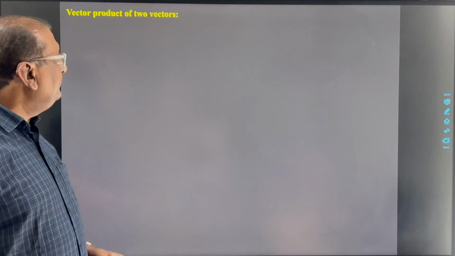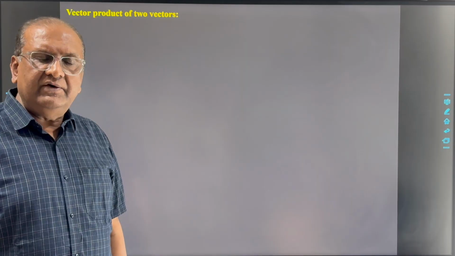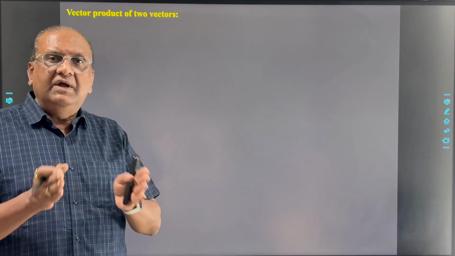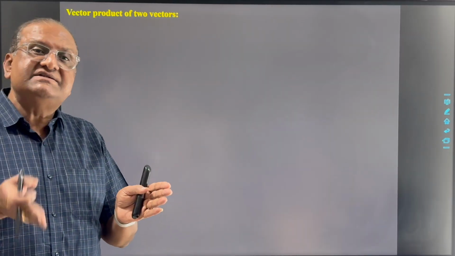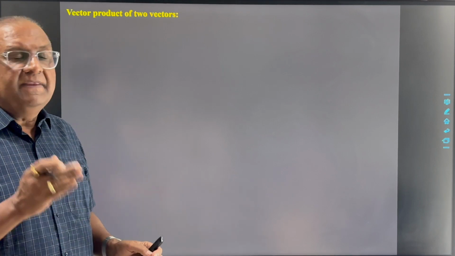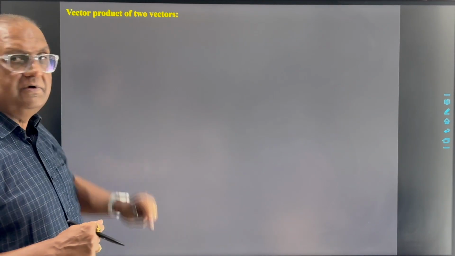Dear students, now the next topic is the vector product of two vectors. When the multiplication between vectors is carried out in such a way that the result is a vector quantity, it is known as the vector product of two vectors.